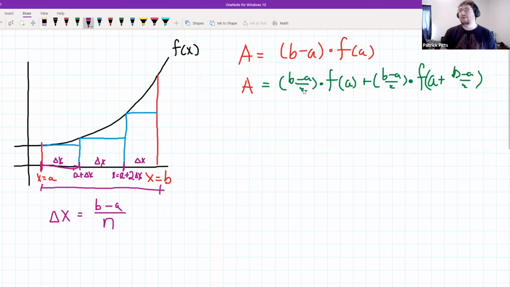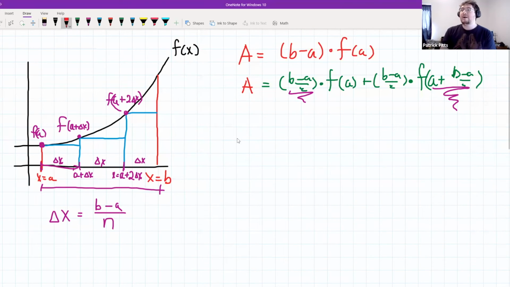Now, instead of having all of these extra variable terms that we saw in our 2 rectangle sum, it condenses down a little bit easier into this other term. So now this height is f of a. This height is f of a plus delta x. And this height here becomes f of a plus 2 delta x.